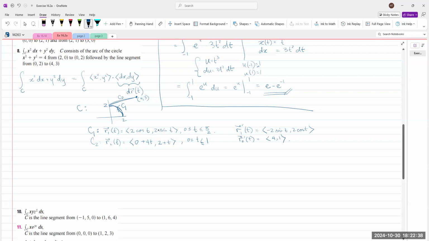Now notice that C, if I rewrite that, is basically C1 union C2, right? The integral of (x squared, y squared) dot dr. That is equal to the integral over the first curve of (x squared, y squared) dot dr1, plus the integral over the second curve of (x squared, y squared) dot dr2.